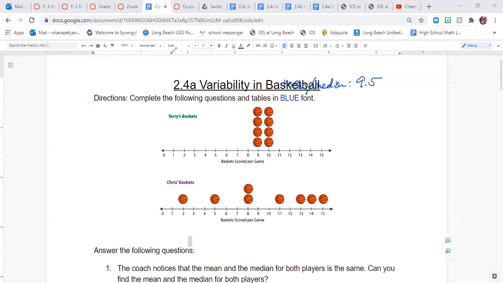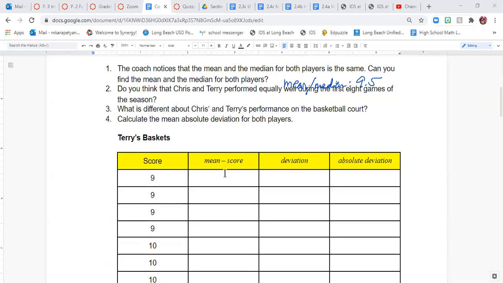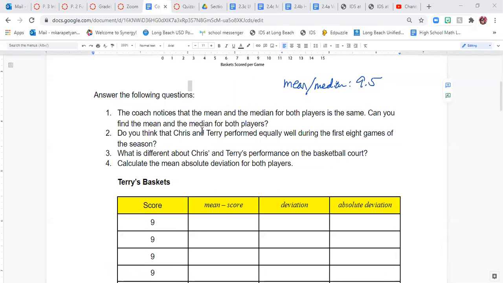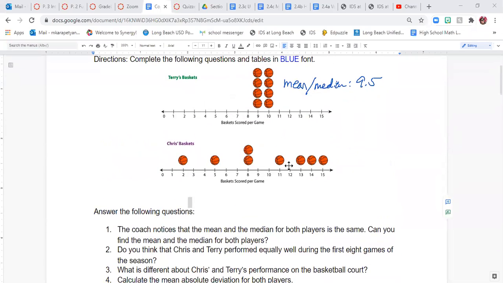I like it. And you answered number 2, but you also answered number 3 of what is different about Chris's and Terry's performance on the basketball court. Okay, and you use the word consistent for Terry, and you kind of said that Chris was a little bit all over the place, right?